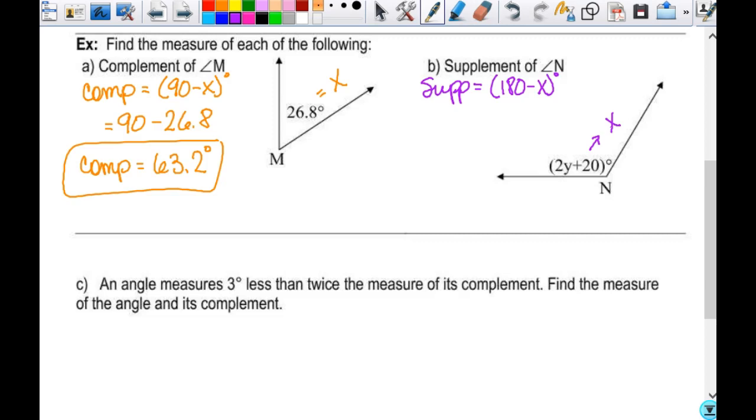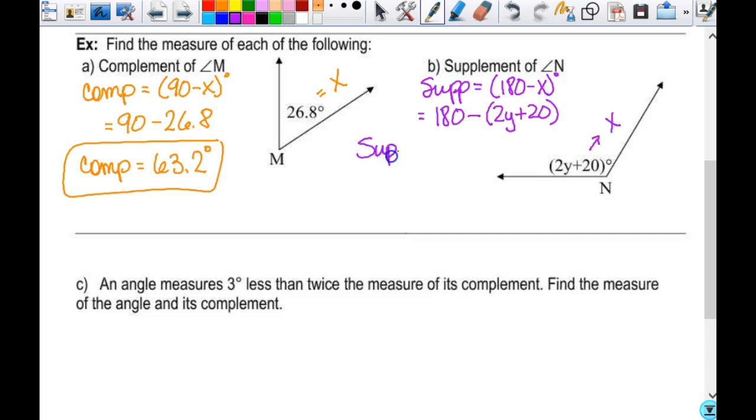What happened to your 2y? It disappeared, right? Do we have enough information here to solve for y? No, we don't. So when we plug this in, my supplement is equal to 180 minus 2y plus 20, right? On the left-hand side, I don't have anything, because my answer is going to be an expression.